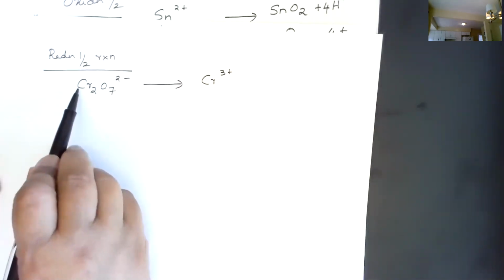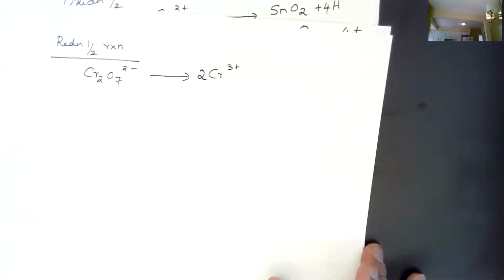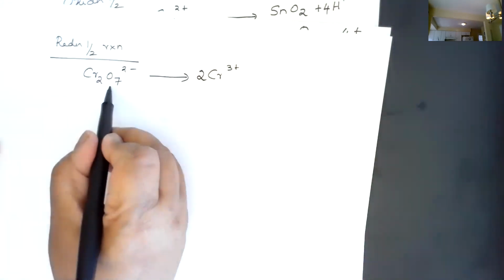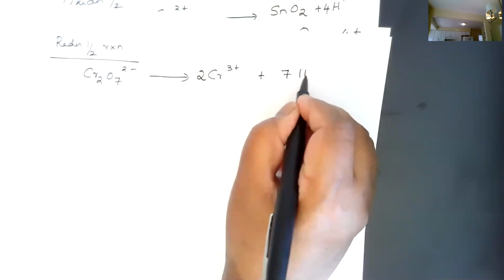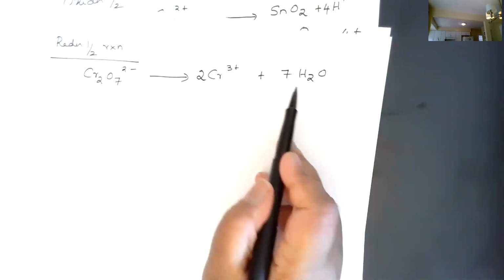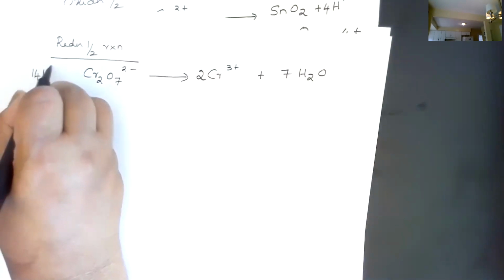Now, let's balance the chromium. That's 2. Now, balance the oxygen. There's 7 here, there's none here, so I'm going to put 7 molecules of water. And because I have 7 molecules of water, I need 14 H pluses on this side.